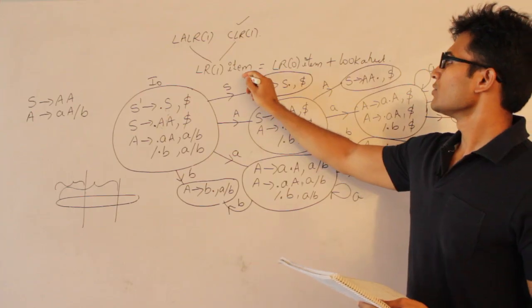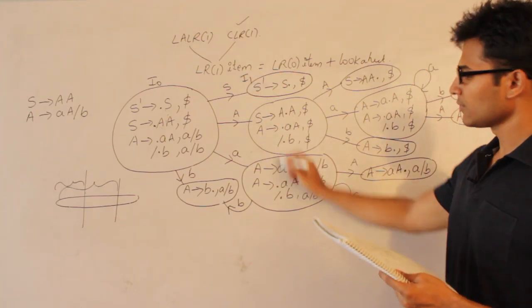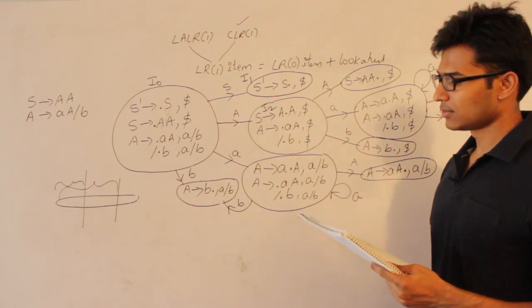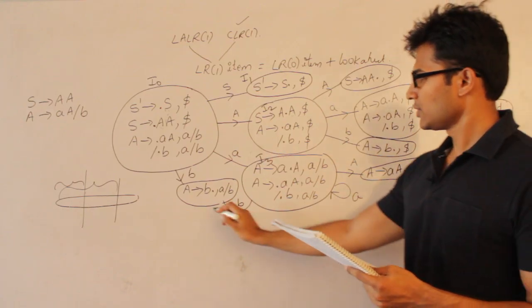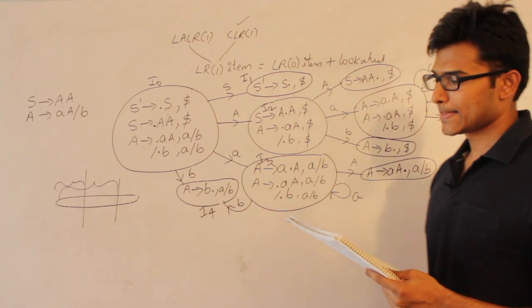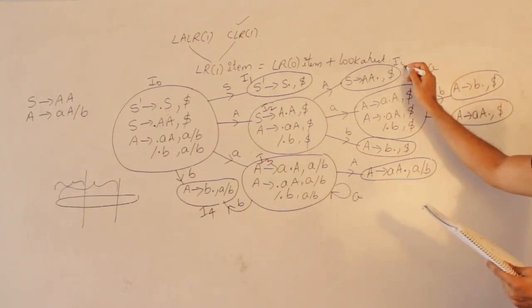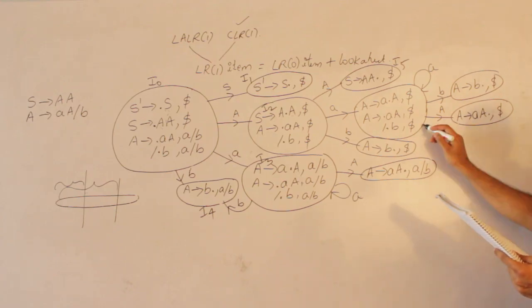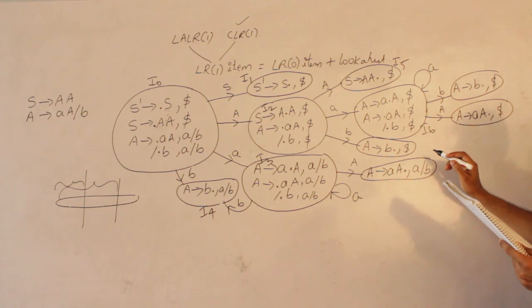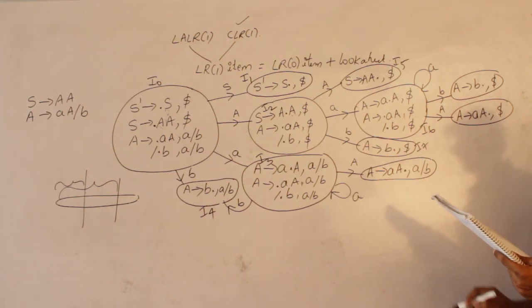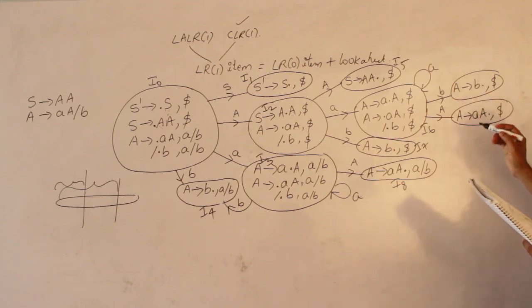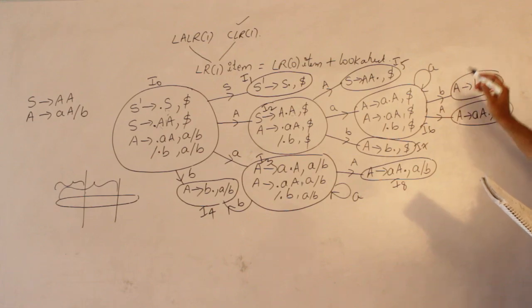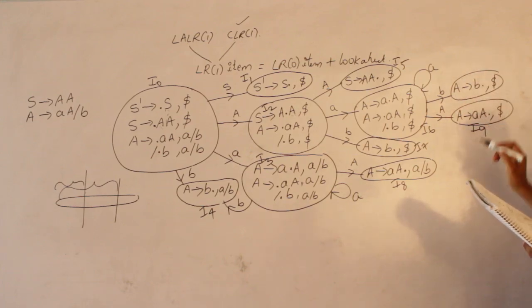This, let us call I0, and this one I1, and this one I2, and this one I3, this one I4, and this one I5, and this one I6, I7, and I8, and this one I9.